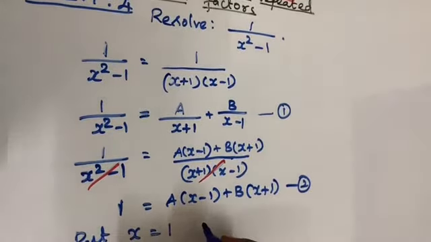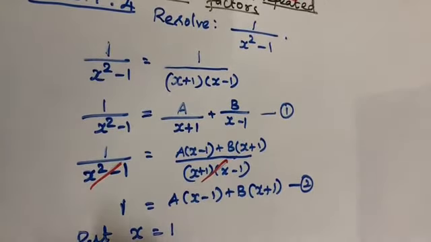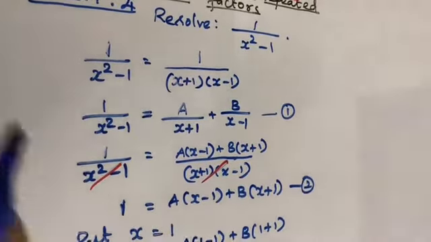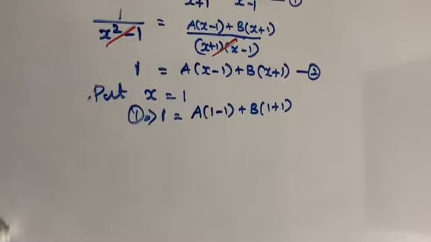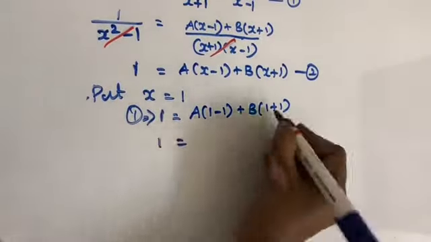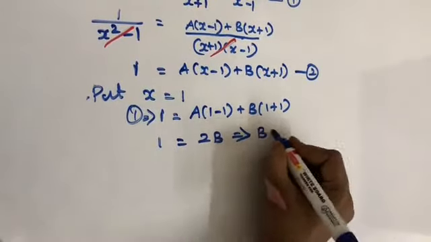While substituting x is equal to 1, equation 1 becomes 1 is equal to a into 1 minus 1 plus b into 1 plus 1. This term becomes 0. So 1 is equal to 2b. That implies b is equal to 1 by 2.